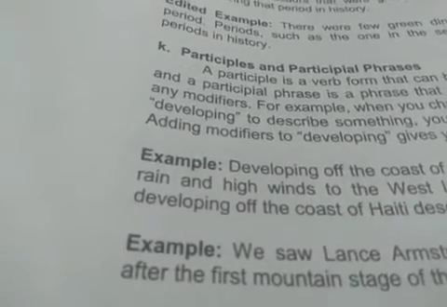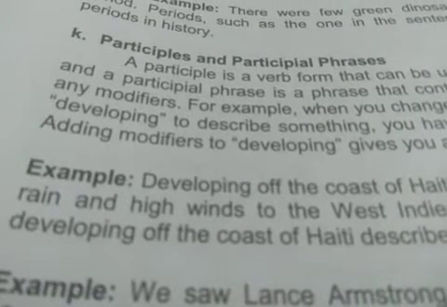Participles and participle phrases. A participle is a verb form that can be used as an adjective, and a participle phrase is a phrase that contains a participle and any modifiers. For example, when you change the verb develop to developing to describe something, you have created a participle.